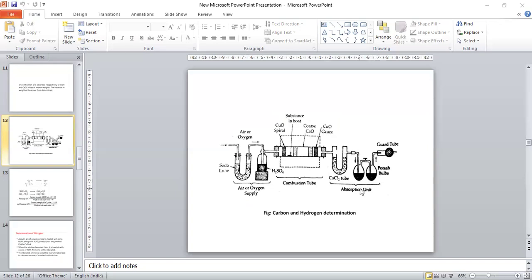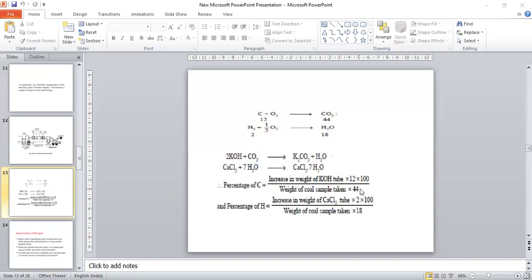Now we can see the reactions of what will happen here. Carbon reacts with oxygen. We know that this combustion chamber already has oxygen, so when carbon reacts with oxygen, it is converted to carbon dioxide. And hydrogen is also present in the coal sample.